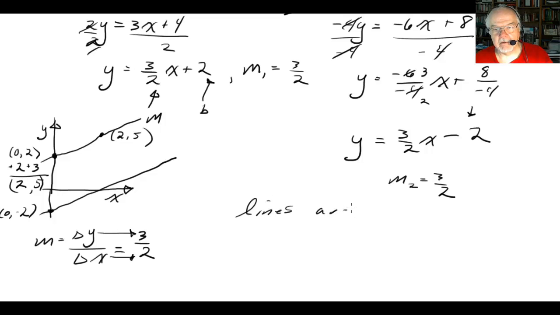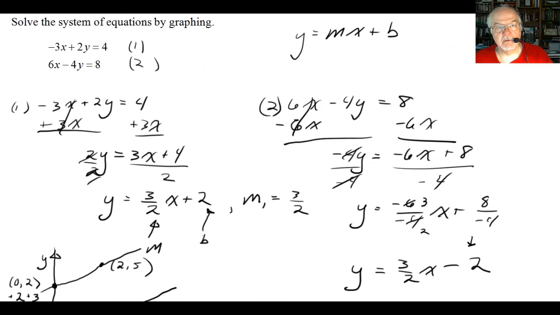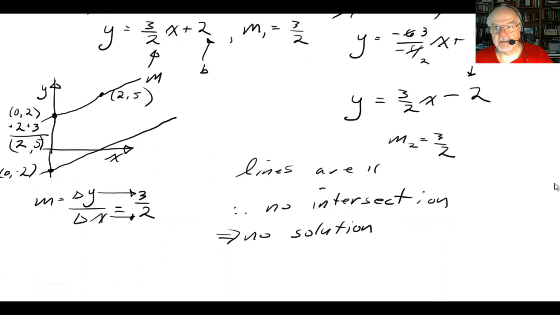Lines are parallel, therefore no intersection, because parallel lines never intersect, and that implies no solution. So there is no solution to this set of equations. In other words, there is no x and y that will satisfy both equations simultaneously.